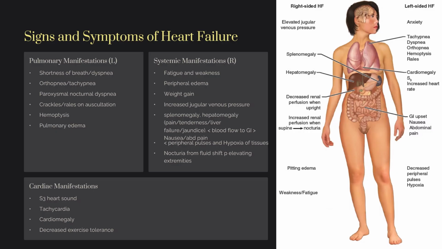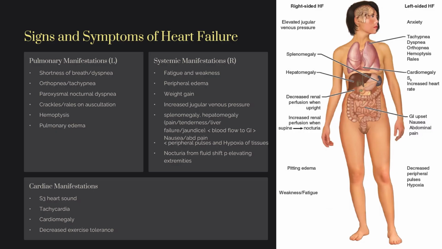They may be tachypneic. When people think of heart failure, they think of crackles. So I have this accumulation of fluid, and when you auscultate somebody's lungs, you may hear crackles in their lungs. Okay. They could have hemoptysis, where they're coughing up blood, and they can have pulmonary edema.